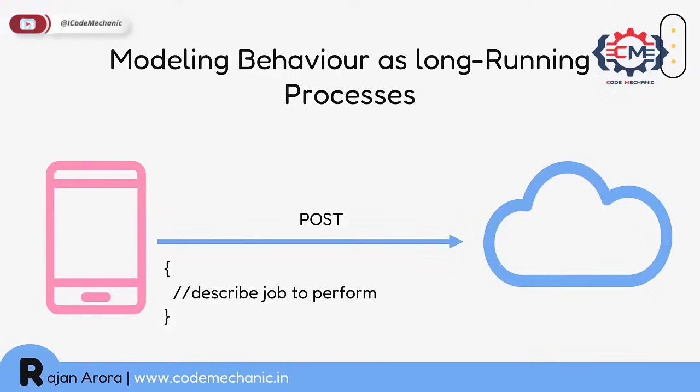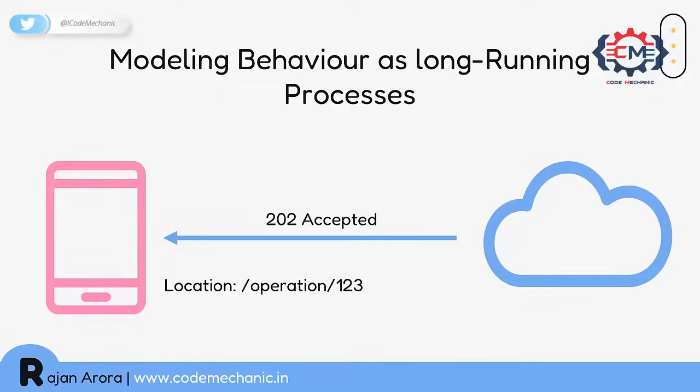Another option for dealing with long-running processes is to create a noun that represents the process itself. We can introduce something like a job, a process, or an operation and then use that as the resource that REST is representing. In this case, we could POST to the server a new job that we want the server to begin performing. The server in turn creates the job and returns back a location header where the state of the job can be monitored.